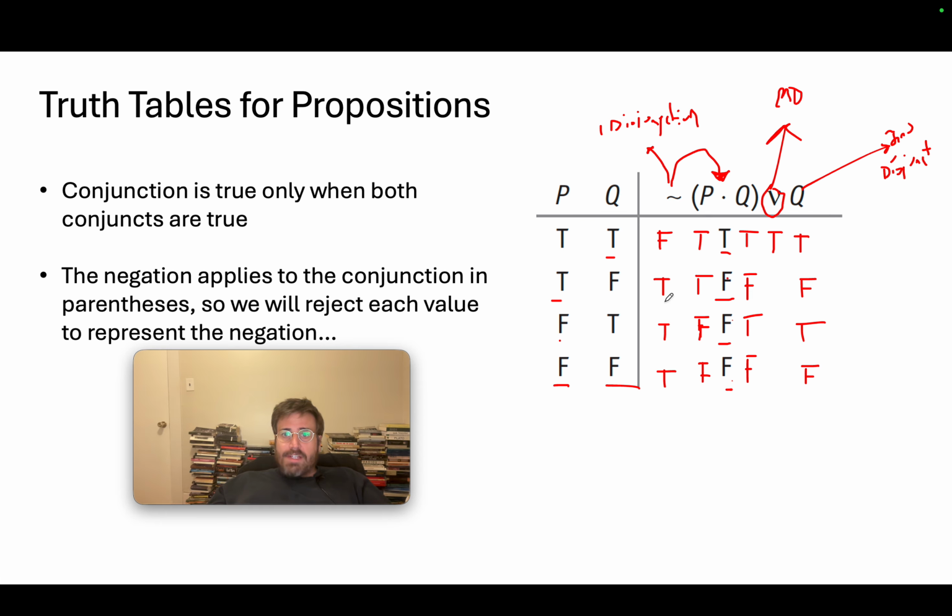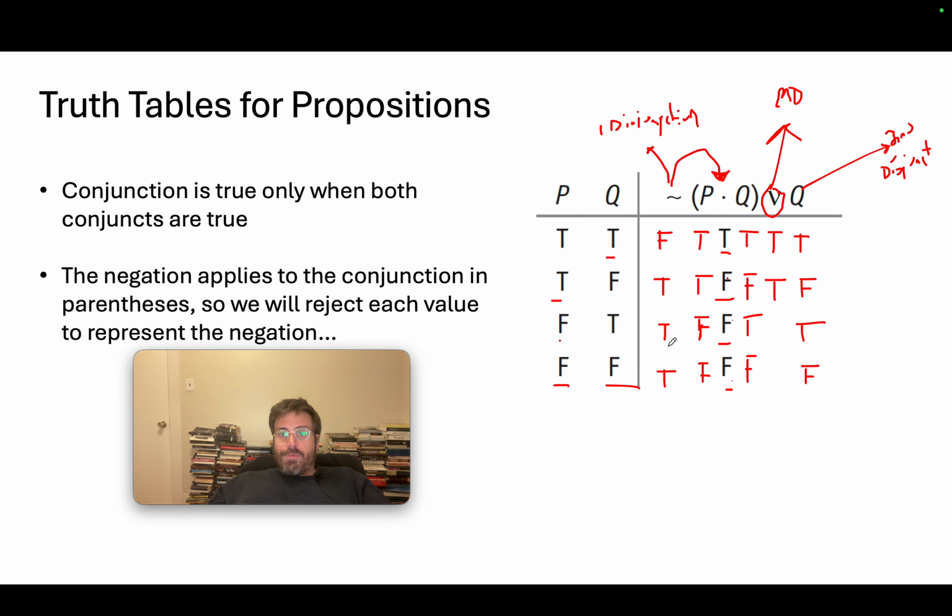On the second row, I see a true tilde. First disjunct is true, and under Q, I see false. So again, we have one true disjunct and one false one, so the value of wedge as a whole is true because all you need is that one true disjunct.